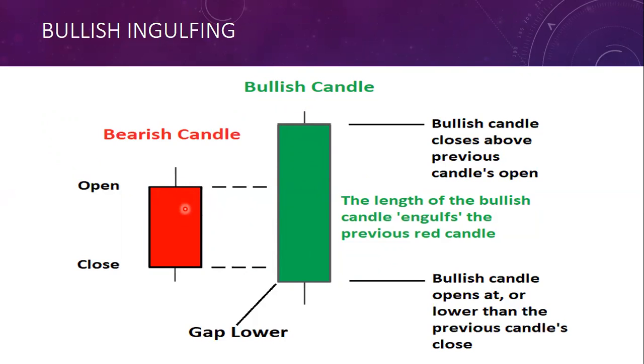So this candle is almost 2 times bigger than this candle. In our language, as a trader, we call this candle eating this candle. She eats this candle. So now the control of the market comes to the bulls. So these two candles give us a signal that the price will go up.